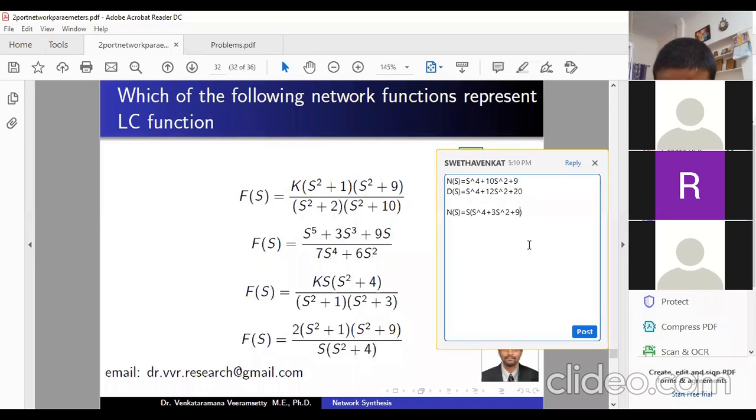So is there any possibility to convert this into some roots?